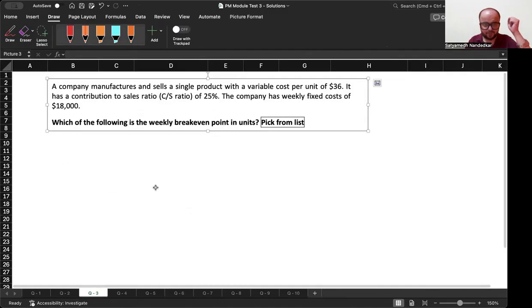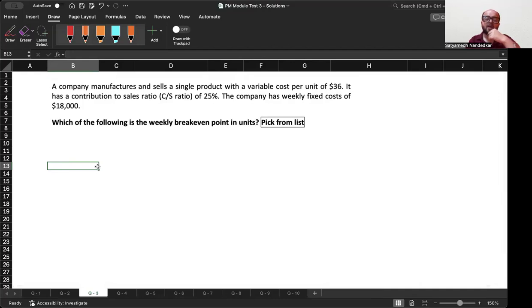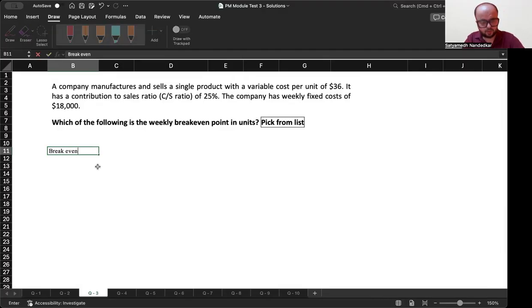I will help you. Now, a company manufactures and sells a single product with a variable cost of 36. It has a contribution to sales ratio of 25. The company has weekly fixed cost of 18,000. What is the weekly break-even point in units? Okay. So, break-even point in units is how much?